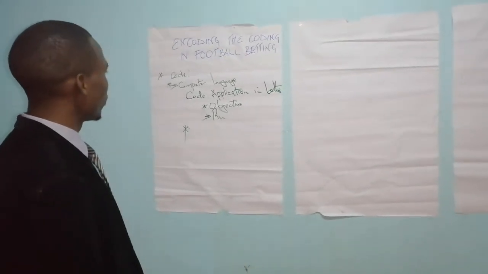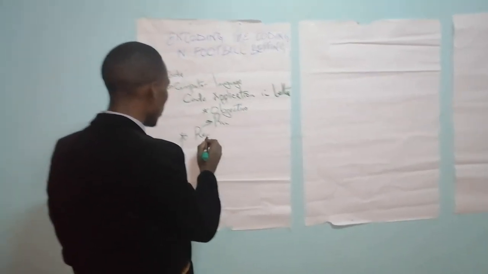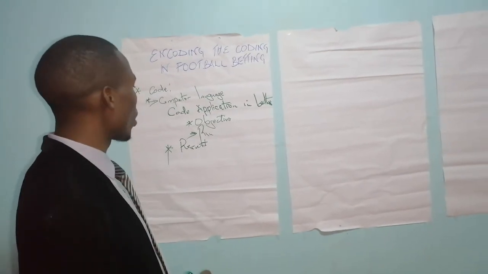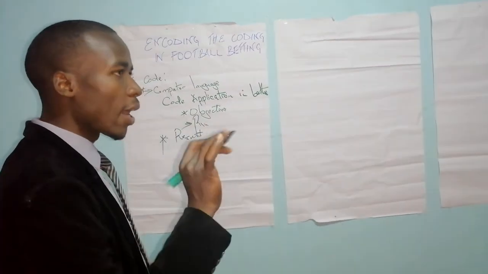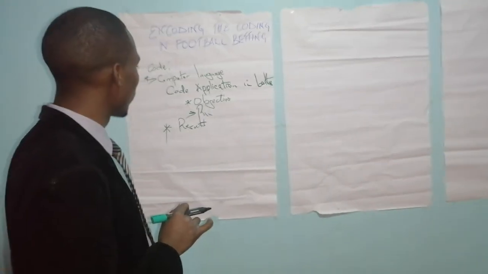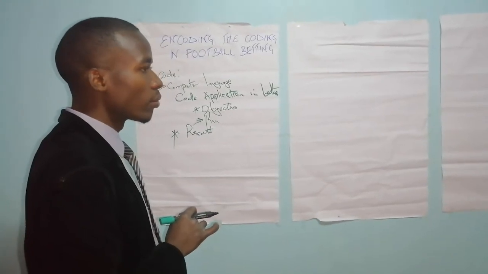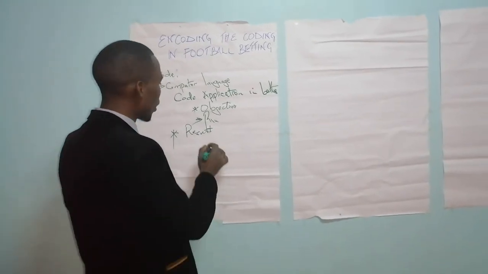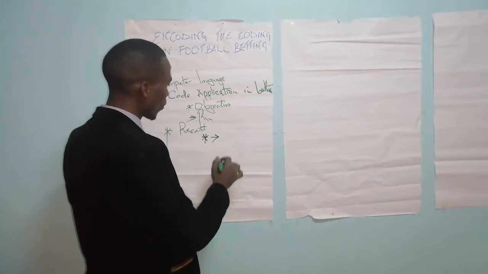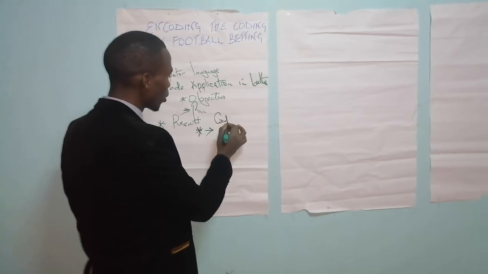In football, you have to know the results. So, how many results do we expect in football? There are two main results under the coding language.